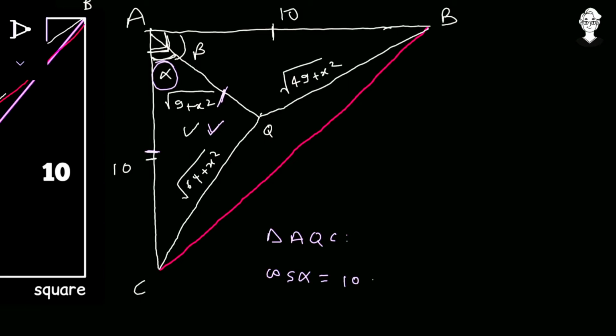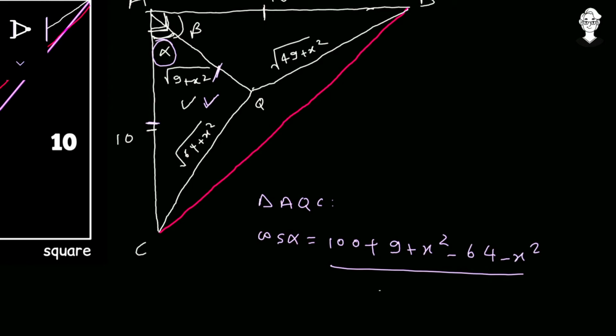Ten square is 100, square root of 9 plus x square whole square becomes 9 plus x square, minus the square of the opposite. The opposite side to alpha is this one, that is square root of 64 plus x square. The whole square becomes 64 plus x square, and as there is a negative sign outside this bracket, I have to change the sign also. So over there it becomes 64 minus x square, and in the denominator 2 times the product of adjacent sides, which are 10 and square root of 9 plus x square.